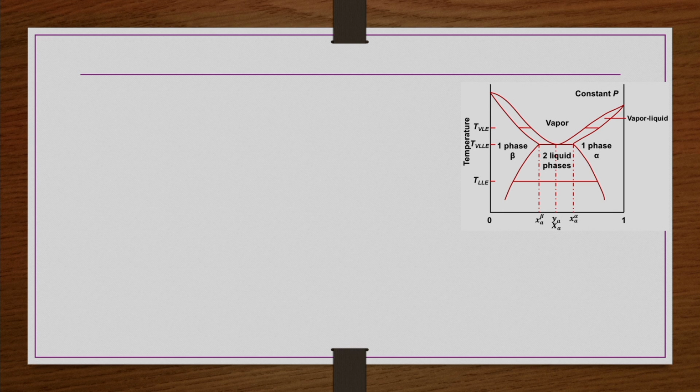Okay. So, now the same diagram I have shown here also for easy understanding. So, at higher temperature TVLE, that is TVLE is greater than TVLLE, then what can we have?